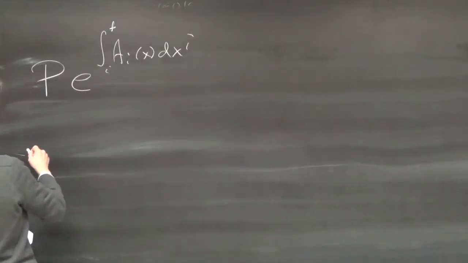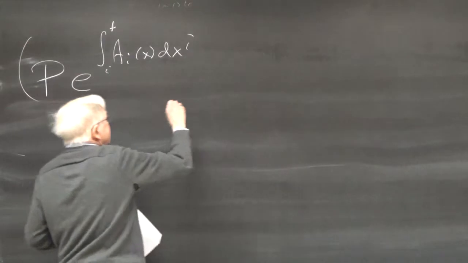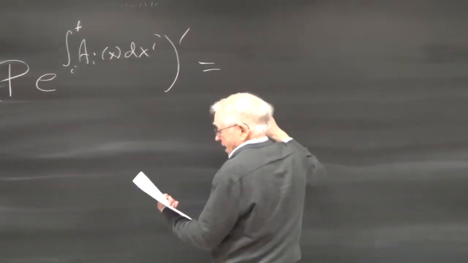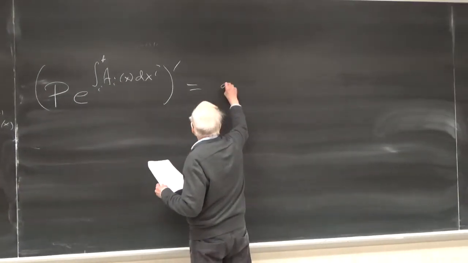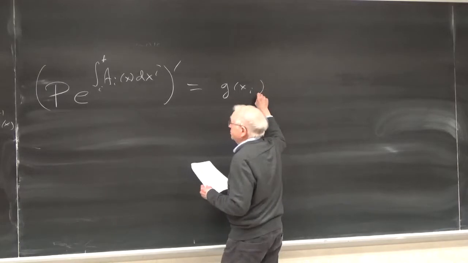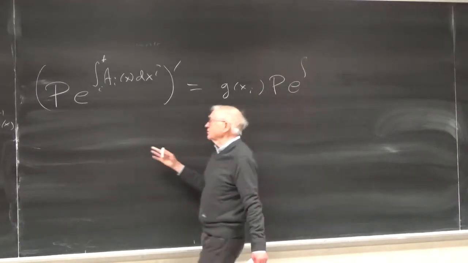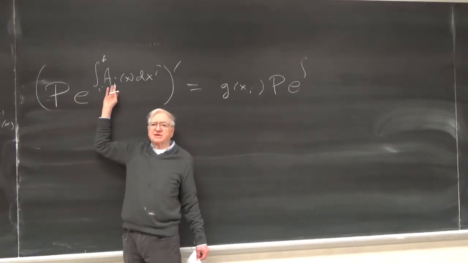This is called a Wilson line. Oh, when I say path integral, I mean a path-ordered integral. This isn't a path integral in the Feynman sense.